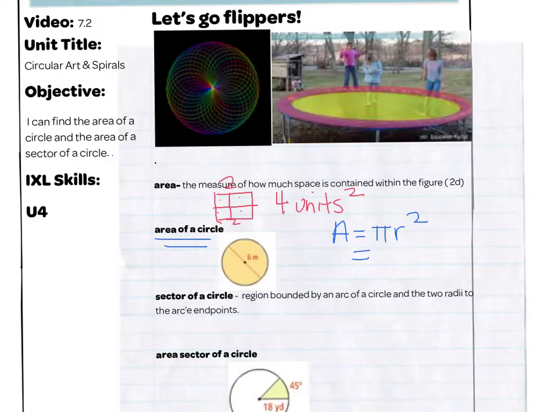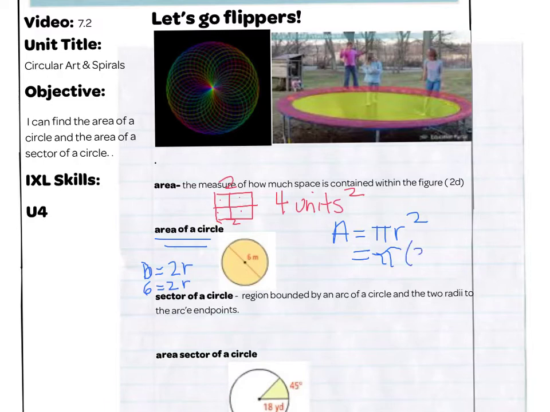The pi, that mathematical constant, we're going to multiply by the radius squared. Well, we're only given the diameter, but we know that the diameter is equal to 2r. So if the diameter is 6, r would have to be 3. If we divide by 2 on both sides, we get r equals 3.